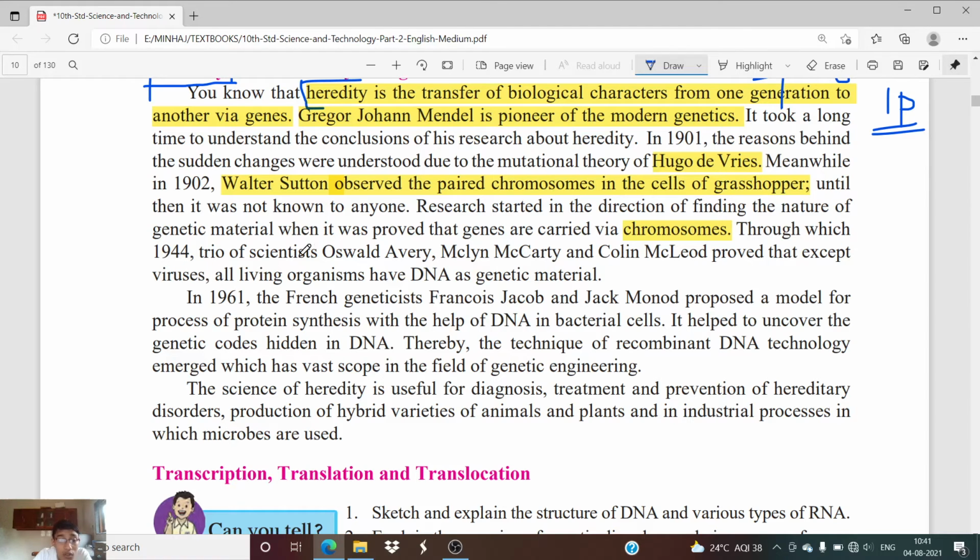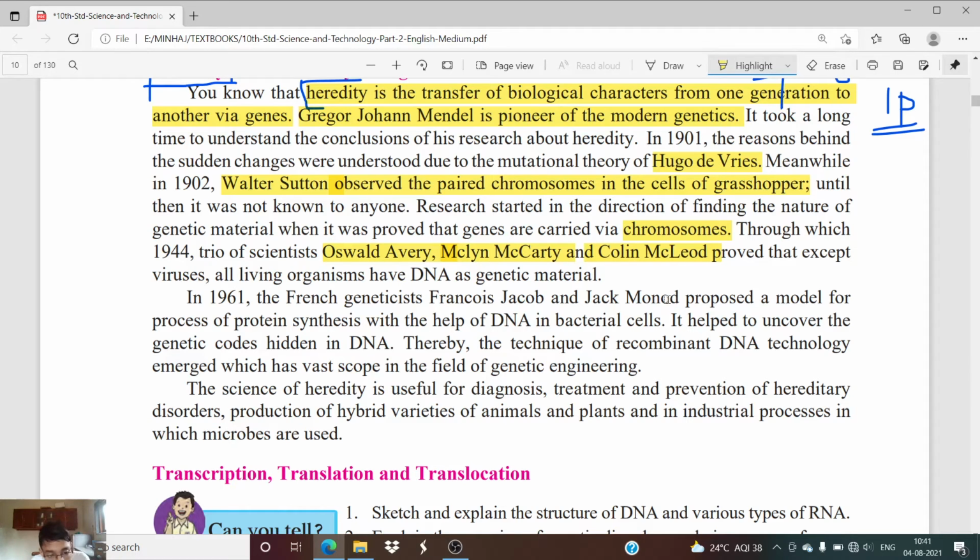Now, in 1944, a trio of scientists: Oswald Avery, Maclyn McCarty, and Colin MacLeod. Okay, these three scientists proved that except viruses, all living organisms have DNA as genetic material.